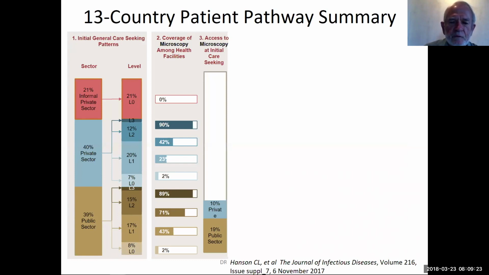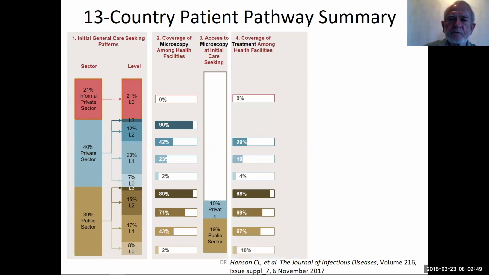So that works out to about 19% of people seeking care in the public sector seek care in a facility that has the capacity to make a diagnosis of tuberculosis, and 10% of those seeking care in the private sector are seen in a facility that, again, has the capacity to make a diagnosis.